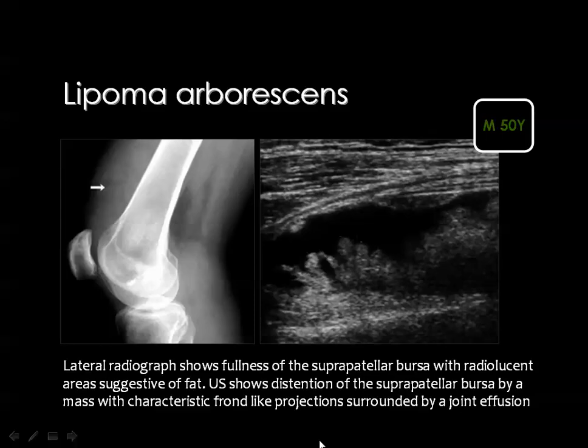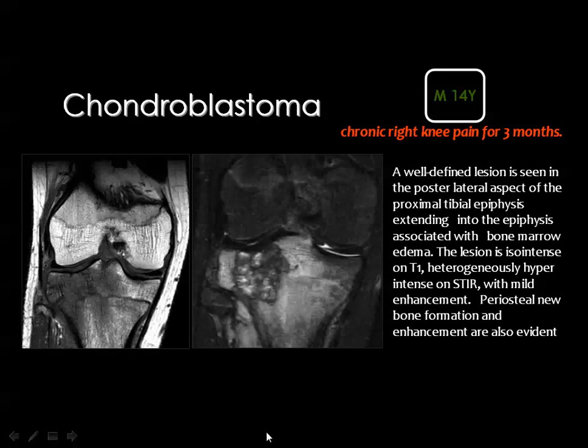And you remember the difference between synovial lipoma and lipoma arborescens. Lipoma is just a mass, while arborescens is a branching fat-containing lesion within the synovium. Also, you remember chondroblastoma is a tumor of epiphyseal distribution.